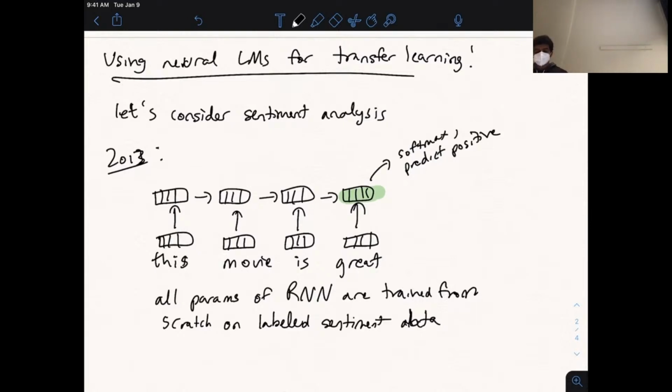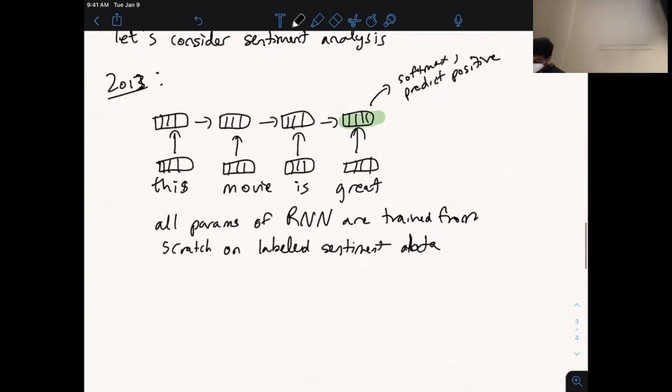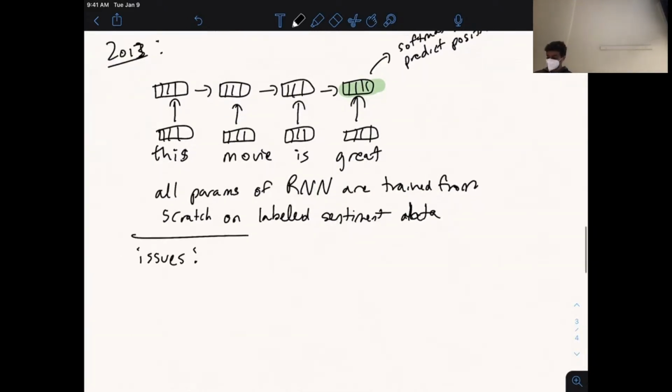One of the issues with this, well, okay, what are some issues of this approach? Someone said training time. If training time of this is an issue, then training time of the approaches that we're going to talk about is an enormous issue. That's not the big issue here.